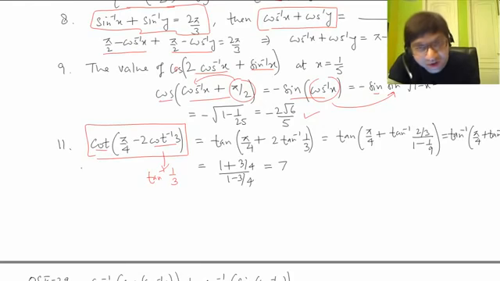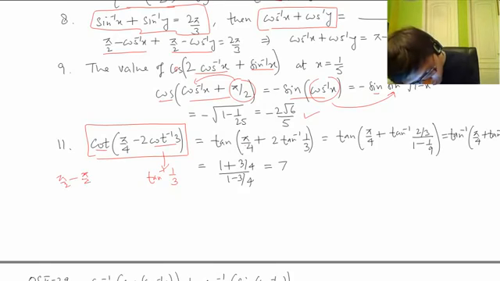Cot theta is tan of pi by 2 minus theta, but if you want to do it with cot, that's fine. So we write cot as tan of pi by 2 minus pi by 4, plus 2 tan inverse 1 by 3. Applying the formula cot theta equals tan of pi by 2 minus theta, pi by 2 minus pi by 4 is pi by 4.